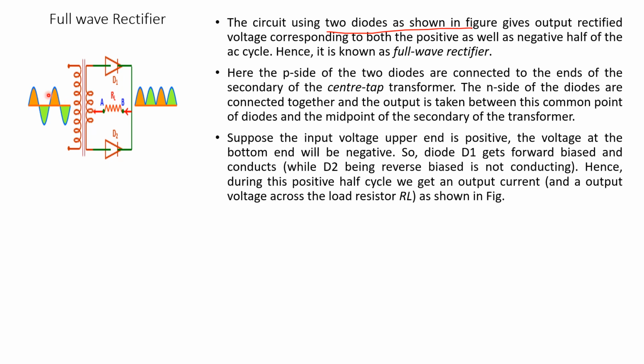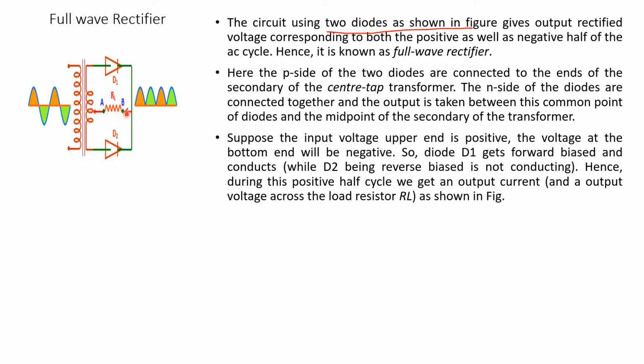In the next cycle, the negative cycle, what happens? In the negative cycle, this becomes negative and this becomes positive. When this is positive, D2 will conduct, and current will flow from this to this and to the center tap. Hence, current flows through the upper part in the positive half cycle and through the lower part in the negative half cycle.